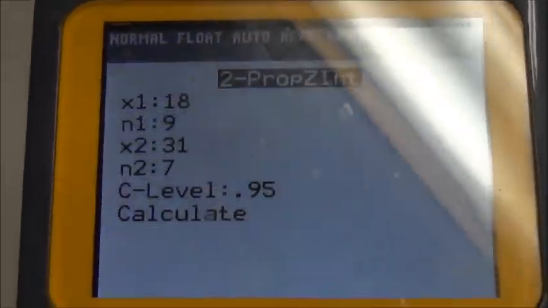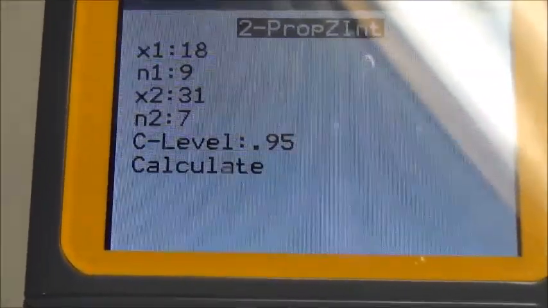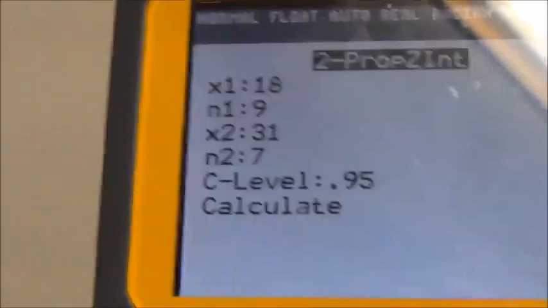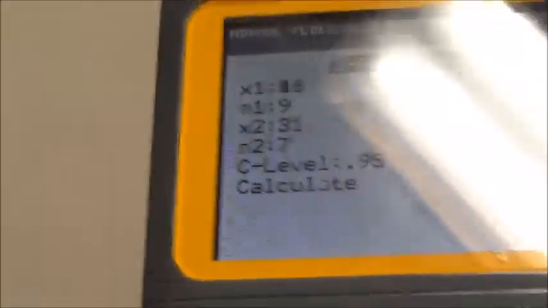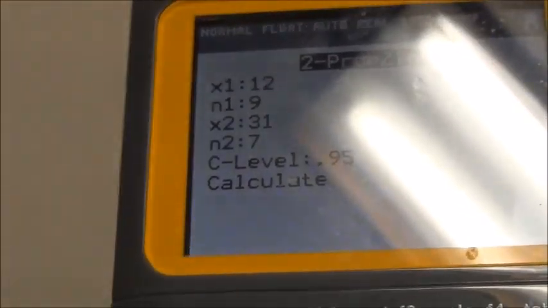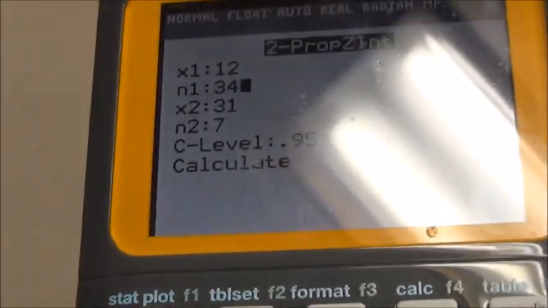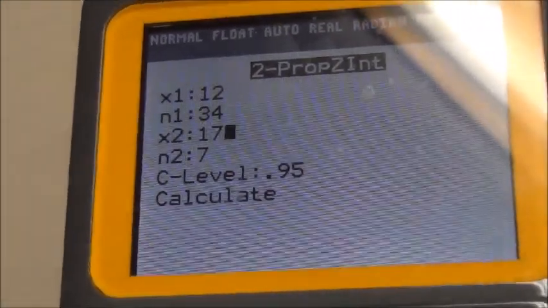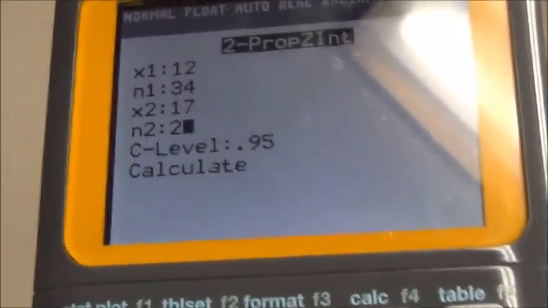So in this case, you're basically putting in your proportions. In the first one, 12 out of 34, so I'm going to put 12 for X1, and N1 would be 34. On the second one, you had 17 out of 24, so I'm going to put 17 out of 24.